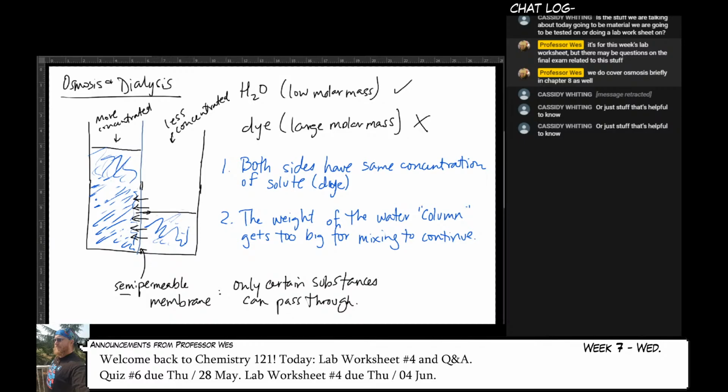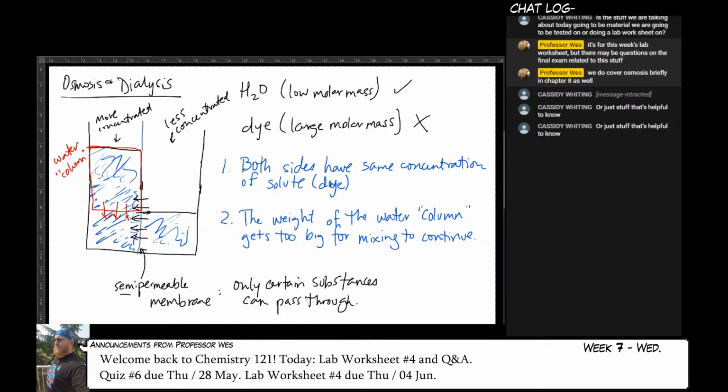Now, what do I mean by the water column? So I'm going to grab another color here. This right here is the water column. And so because that water is a column and is subject to gravity, it is going to push down in this direction.